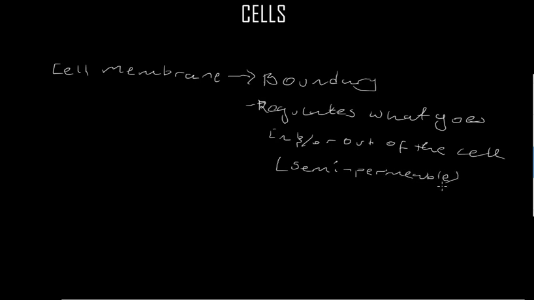Permeable simply means allowing to go in. So it does not allow everything to go in, but only some substances. Only a few molecules go into the cell through the cell membrane. It is said to be semi-permeable. This is the first function of the cell membrane.